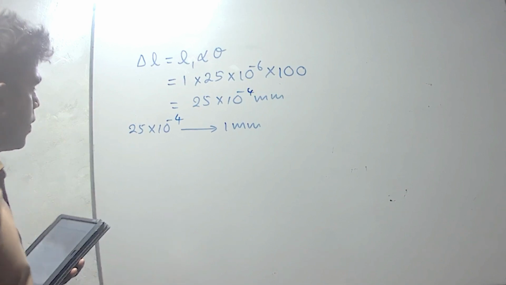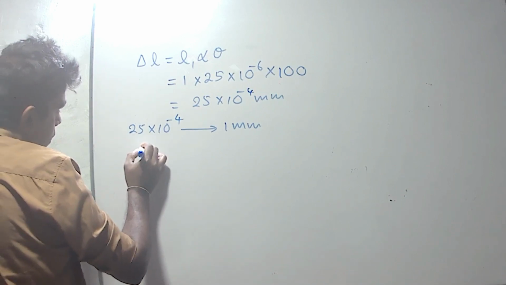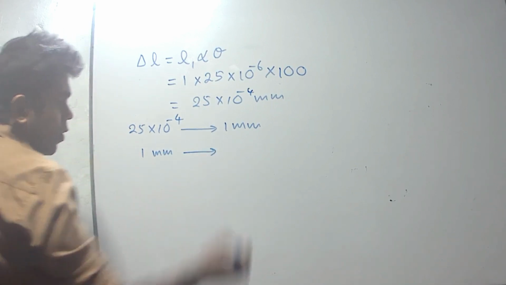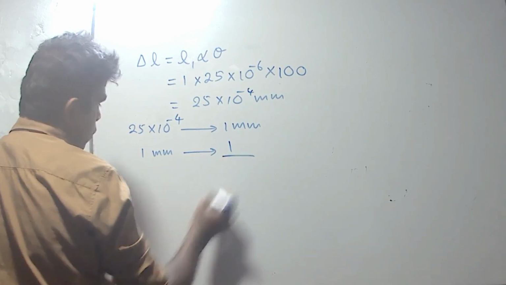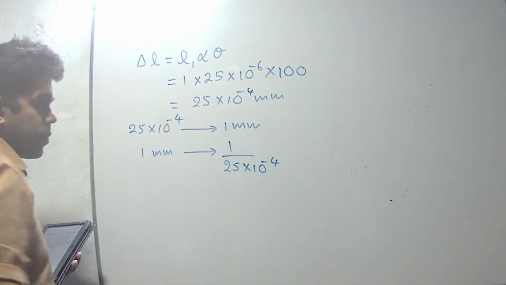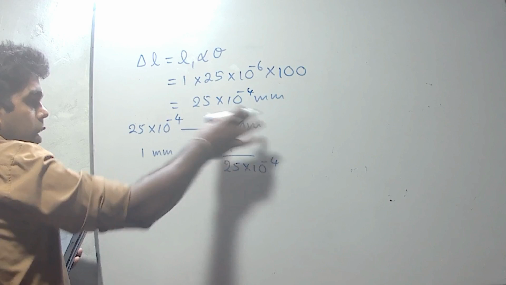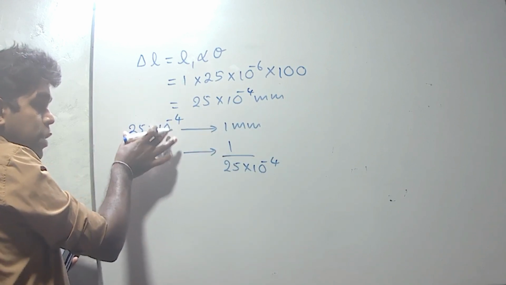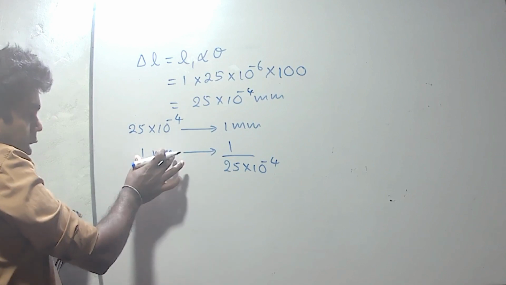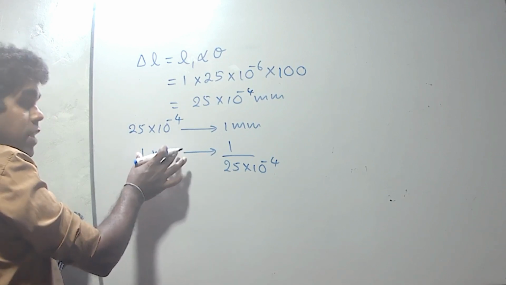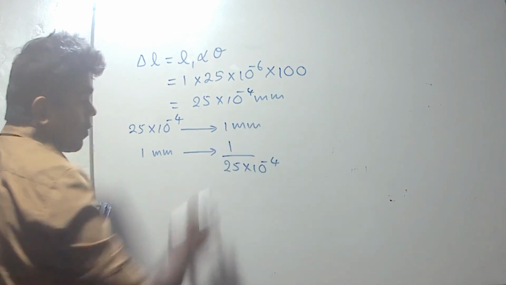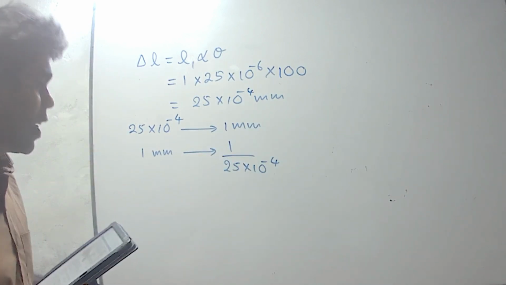Then we can obtain 1 millimeter linear expansion for 1 over 25 into 10 to the power minus 4 initial length. If the linear expansion is 1 millimeter, the initial length should be 1 over 25 into 10 to the power minus 4.